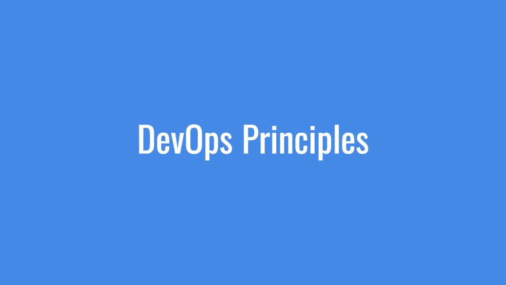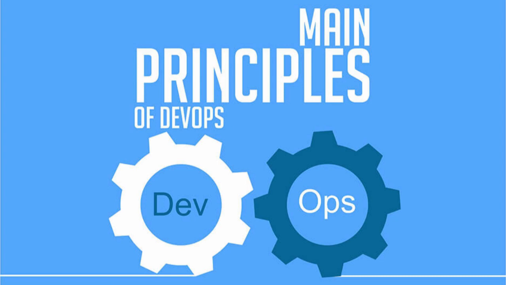First is collaboration, which means DevOps encourages close collaboration between development and operation teams to break down silos and improve communication. So the first and most important thing is that there should be appropriate communication between the development and operation teams.